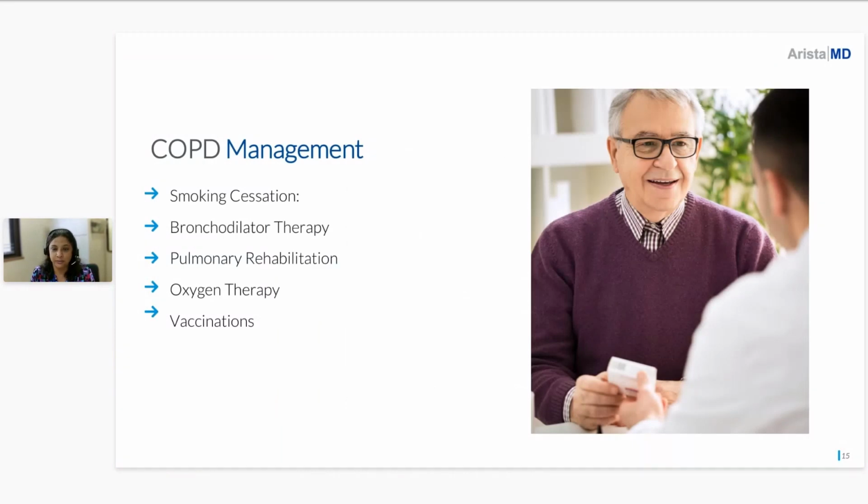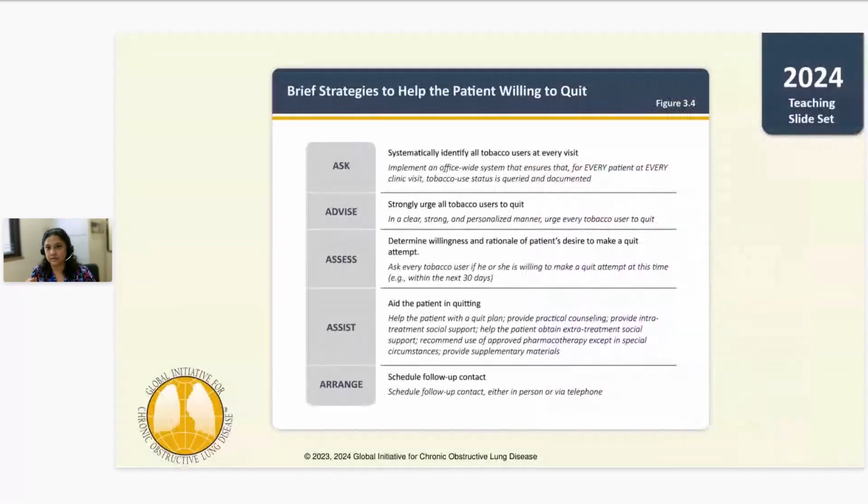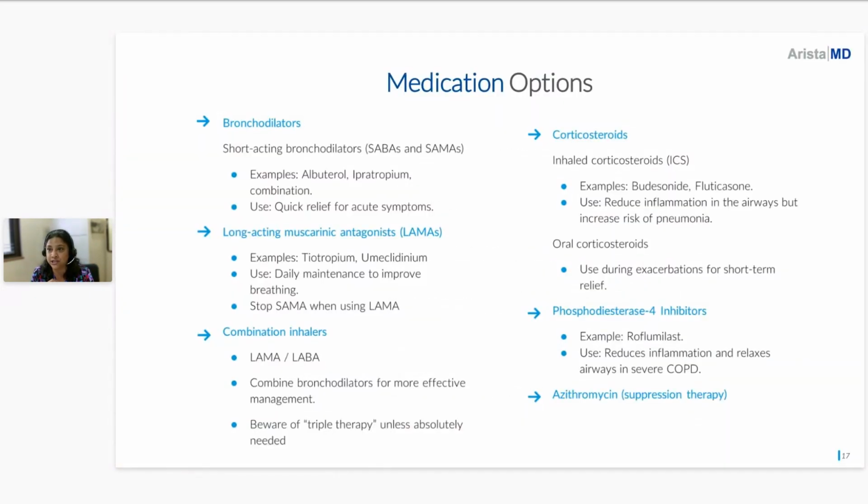The next part of COPD management is the bronchodilator therapy. Some of the medication options we have are short-acting and long-acting bronchodilators. The short-acting bronchodilators, abbreviated SABAs and SAMAs, are medications like albuterol and ipratropium.